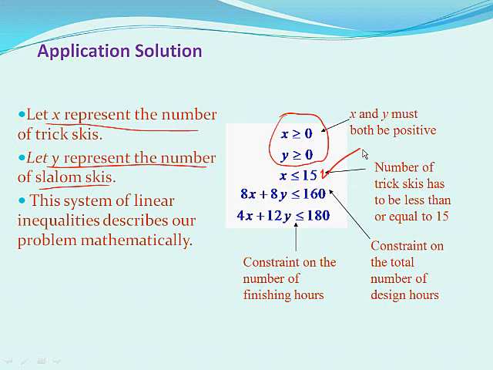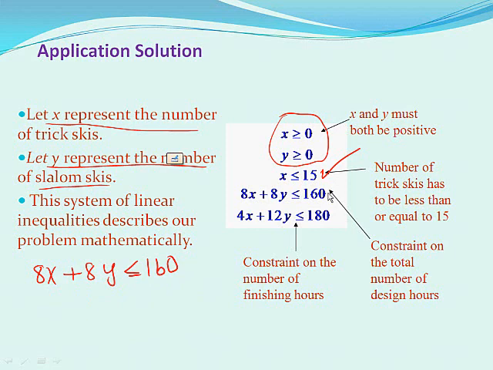In terms of the total number of design hours, we have a restriction that it cannot exceed 160. If we calculate the total number of design hours by multiplying 8 and x, where 8 is the number of design hours for each trick ski, plus 8 times y, where 8 is again the number of design hours for slalom skis, we get the total number of design hours, 8x plus 8y, and this number cannot exceed 160 according to the problem.